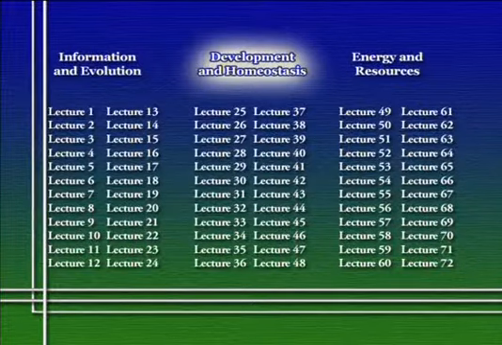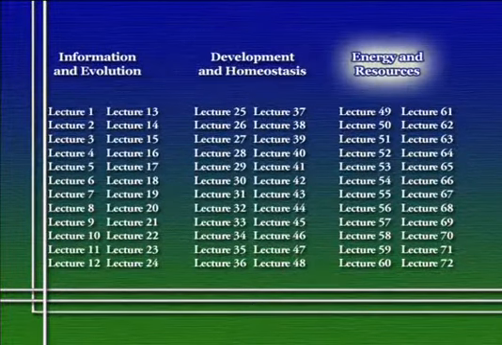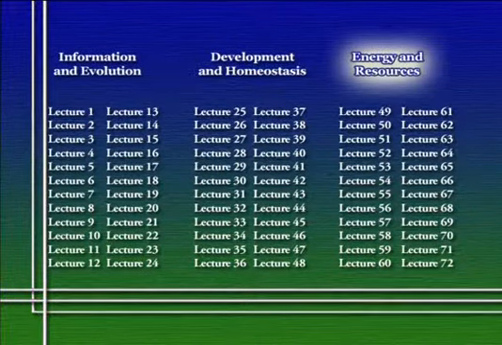As I'll explain in more detail later, in this part of the course, we're going to look at how complex living things get put together in the first place, how the various parts of a complex organism are coordinated with each other, and how the proper functioning of this complex organization is maintained in the face of internal and external challenges. In the third and final section of the course, we'll turn our attention to the theme of energy and resources, asking where all of the stuff we need to build and maintain living systems come from, and how we pay the energetic costs to do so.